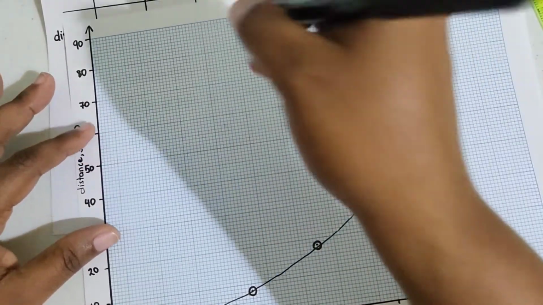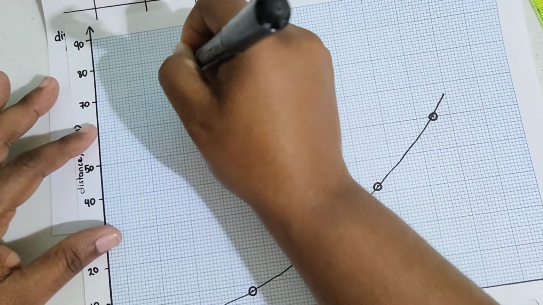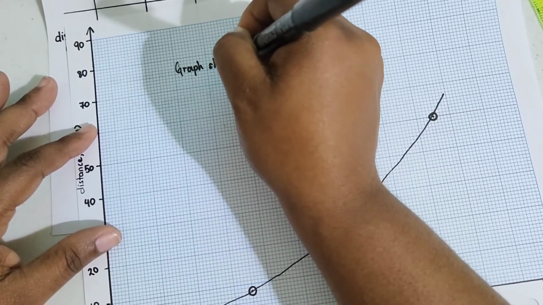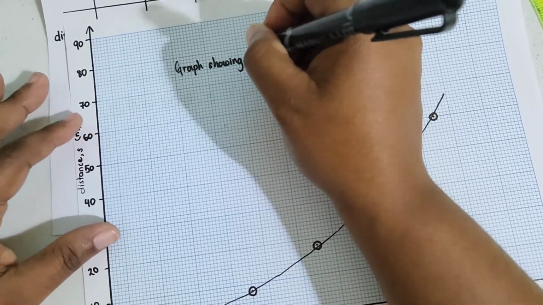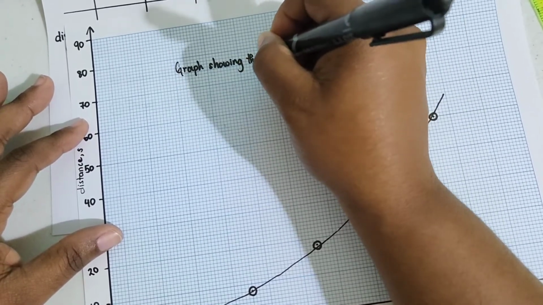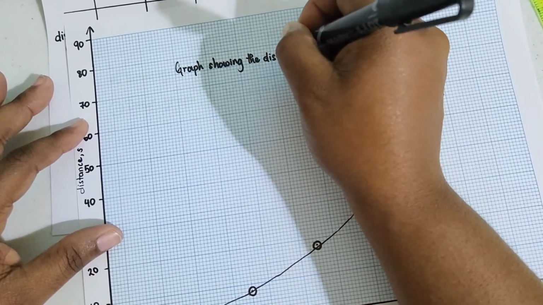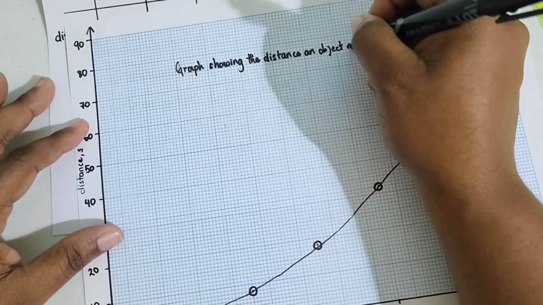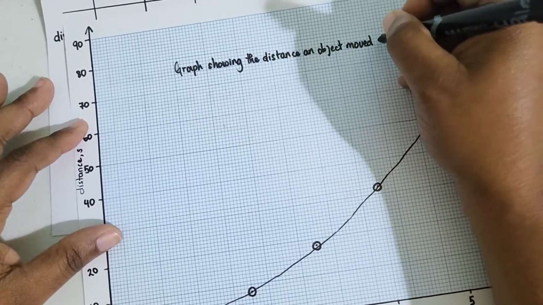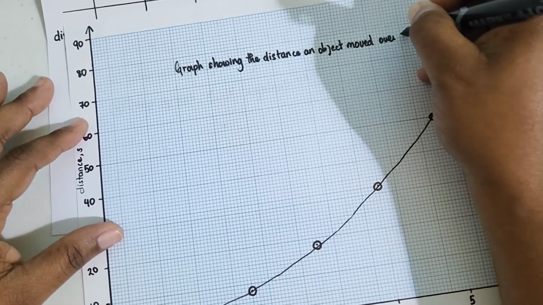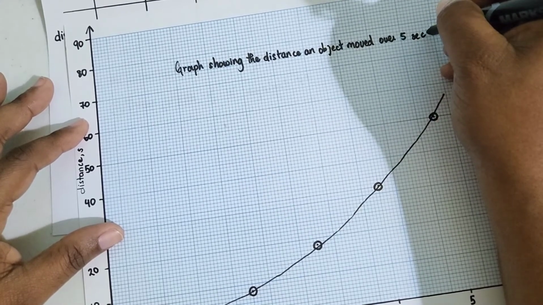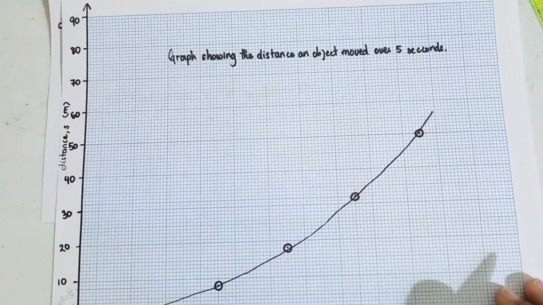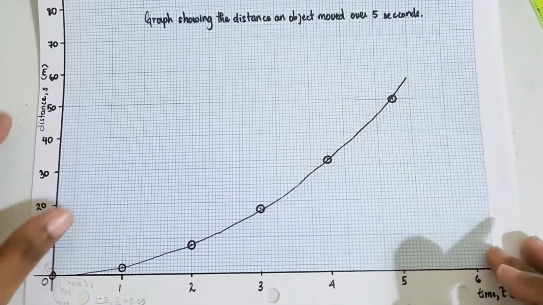I'm going to go very simple and say graph showing the distance an object moved over 5 seconds. So something like that would be nice. All right, so that would be the end of this graph.